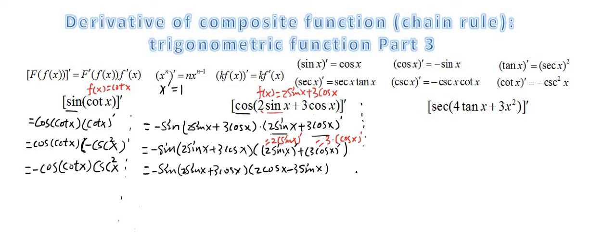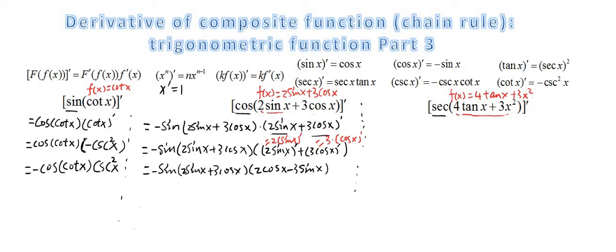Now let's take a look at the last example. For the last example, we can see the capital F is secant. What is f(x)? That is 4 times tangent x plus 3x squared. So we can write down f(x) is 4 tangent x plus 3x squared.